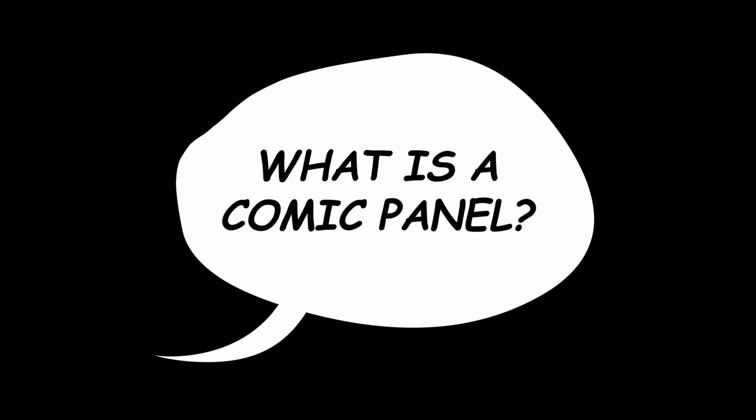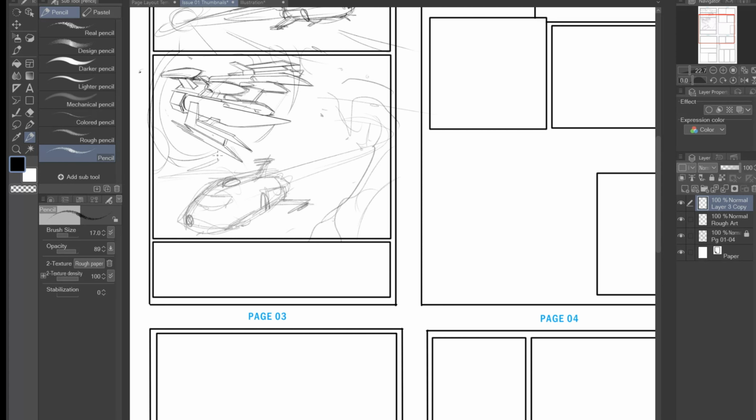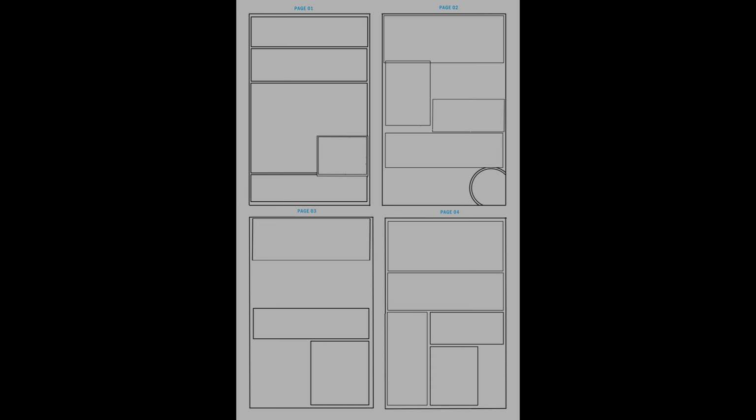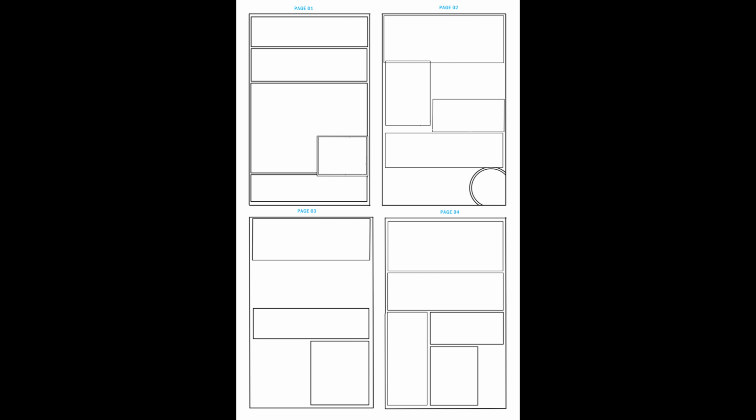And let's start with the easiest one, a panel. What is a panel? A panel is essentially a single frame or scene from your comic. And an average comic book page should range anywhere from one panel, which would be a splash page, to six panels or more, depending on the amount of information or action that you're trying to tell in one page.